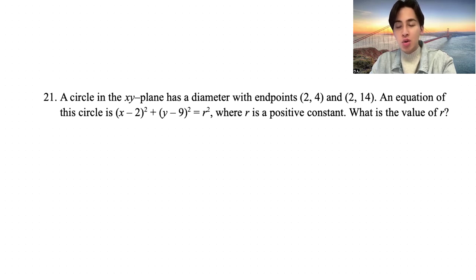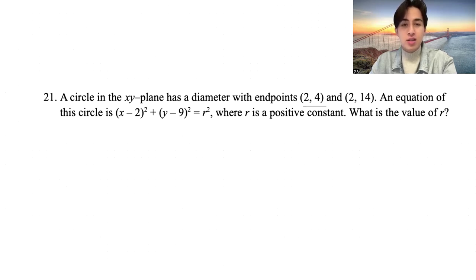What is the value of r? Okay, so we know that the diameter has the endpoints (2, 4) and (2, 14). So that means that the diameter itself has a length of 10.